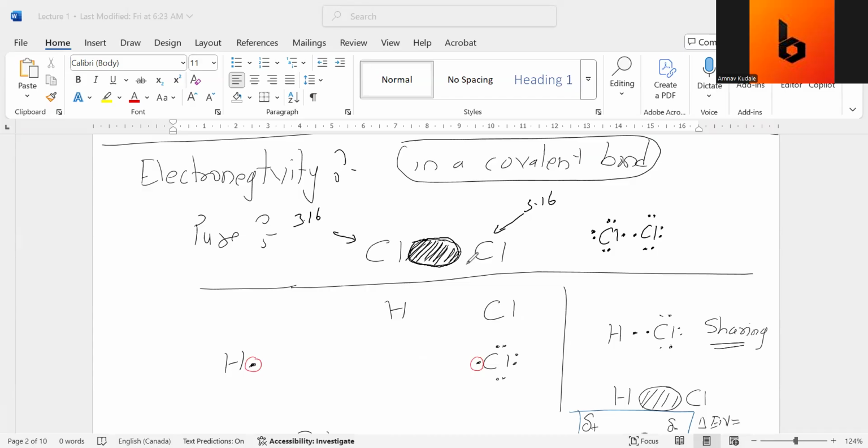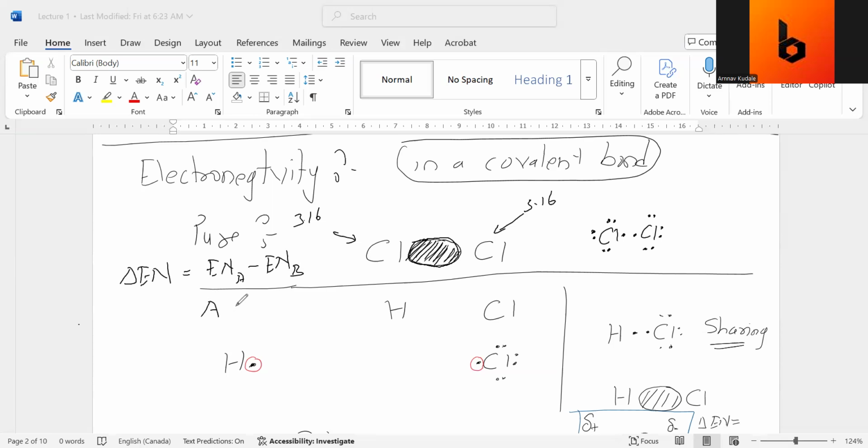Can you write this? Yes, sir. Electronegativity is the ability to attract and hold electrons, the ability to attract electrons in a covalent bond. And there is a formula, delta EN, that is EN(A) minus EN(B), where A and B are the atoms.